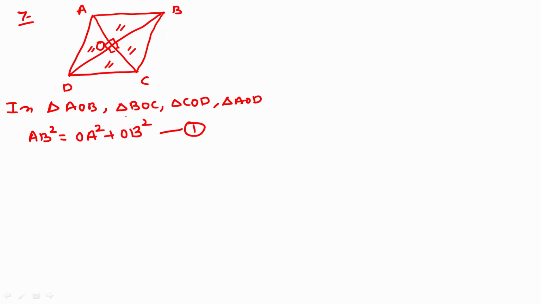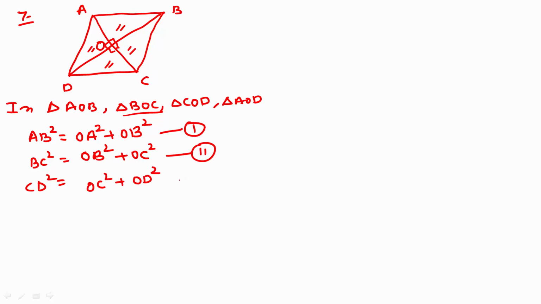Number first. Apply the Pythagoras theorem in triangle BOC. BC is the hypotenuse. BC square is equal to OB square plus OC square. Number second. And in triangle COD, CD square is equal to OC square plus OD square. Number third. And in triangle AOD, AD square is equal to OD square plus OA square.